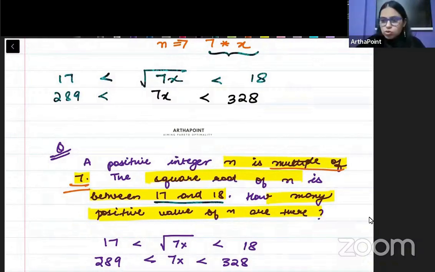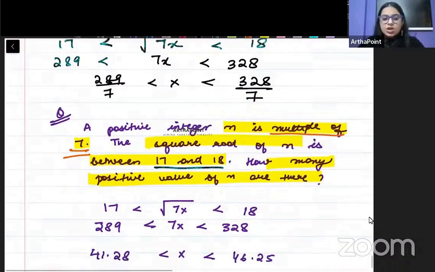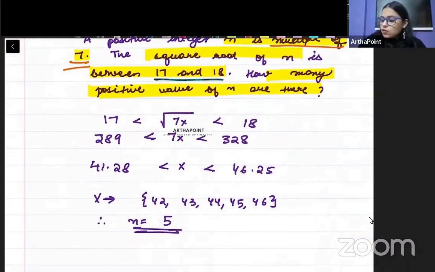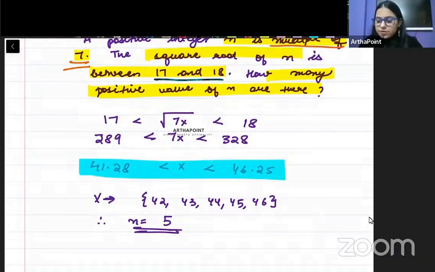Now, if I divide throughout by 7, what will I get? I will get 289 by 7 less than x less than 324 by 7. If you solve this, you will get that x should be between 41.28 and 46.25, right?